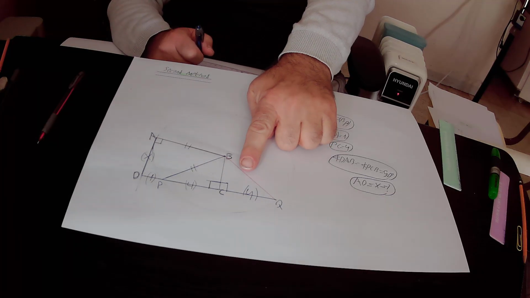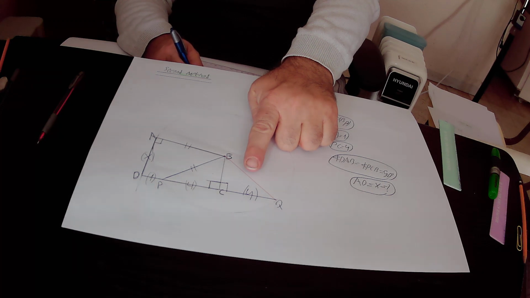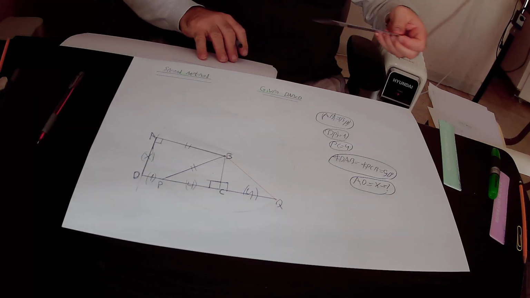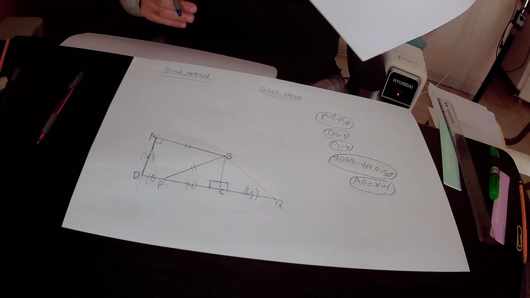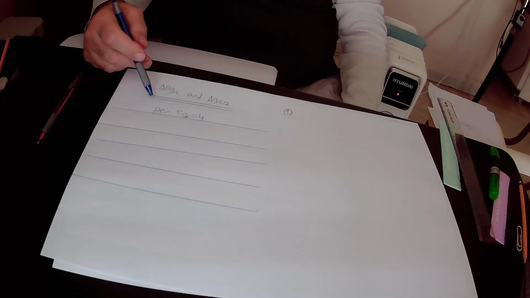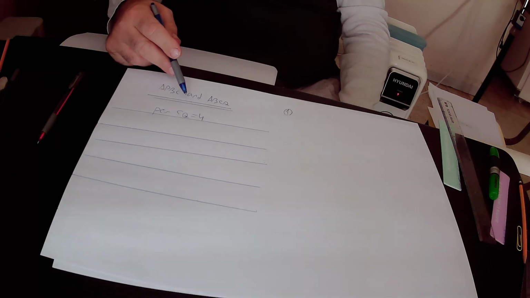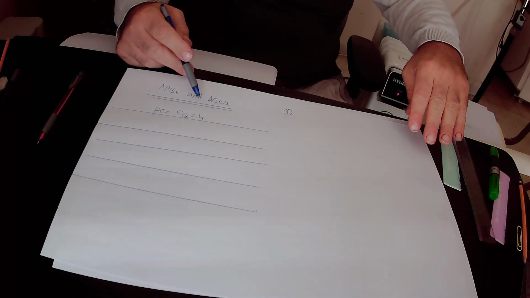This equals this side CQ on the right triangle BCQ. Side PC on the right triangle PBC equals side CQ on the right triangle BCQ. They are both equal to 4, and therefore they are equal to each other.